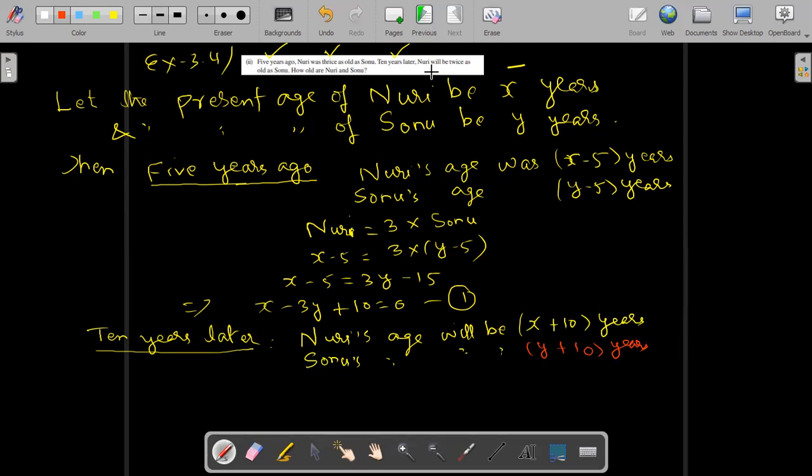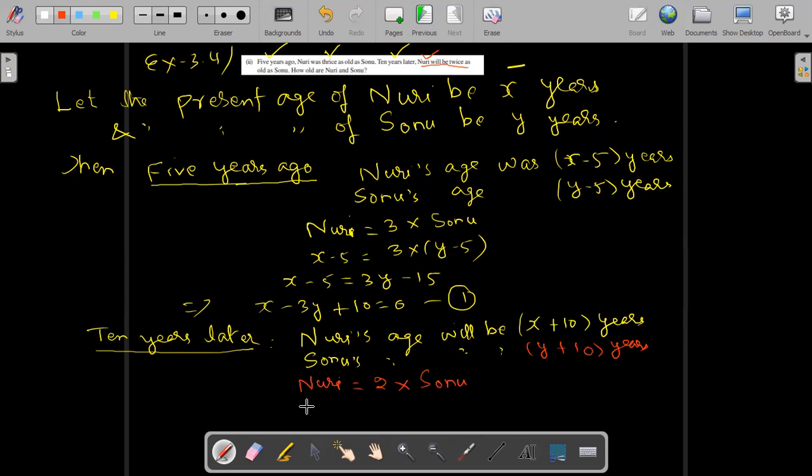Now the condition is Nuri. Whatever equation is written, you should write as it is. Nuri will be, is equal to twice, twice means 2 times as old as Sonu.